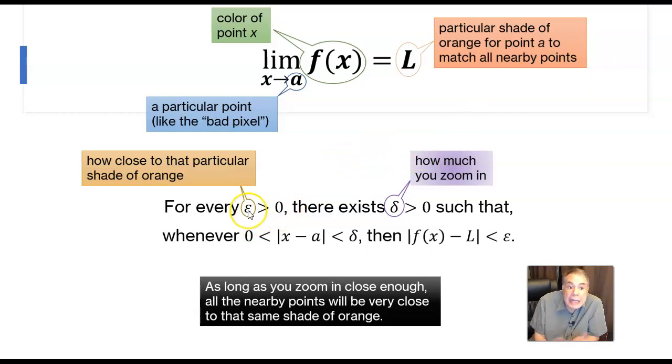You can pick any degree of closeness, and for any particular degree of closeness, you will always be able to zoom in enough so that once you're zoomed in that close, all the points that are nearby to point a will have their color nearby, close in color to that particular shade of orange that you said was the limit.